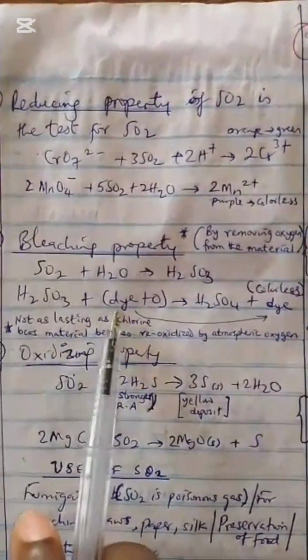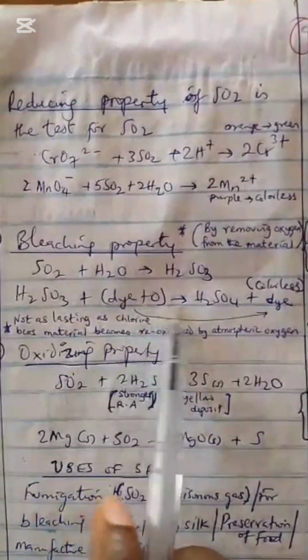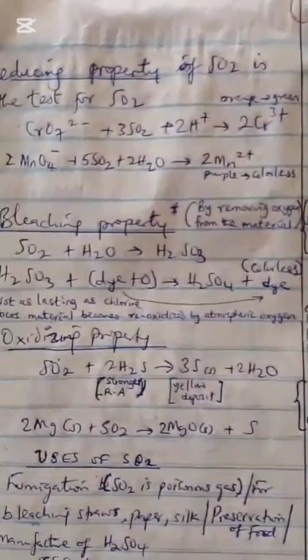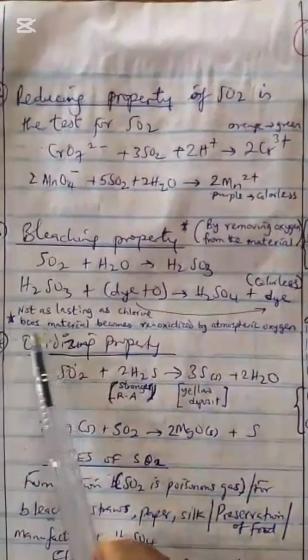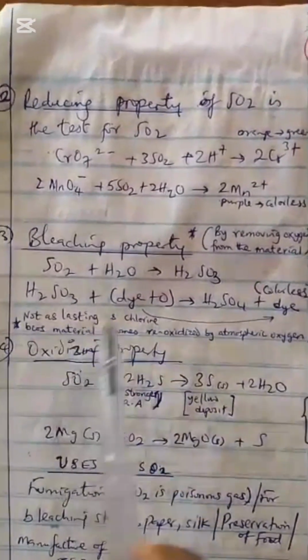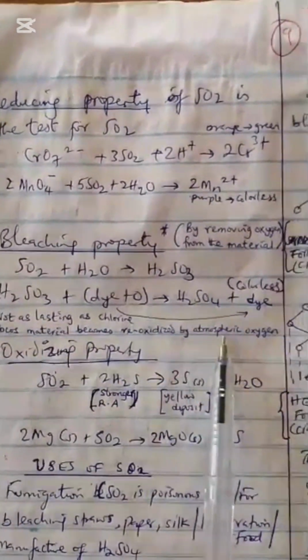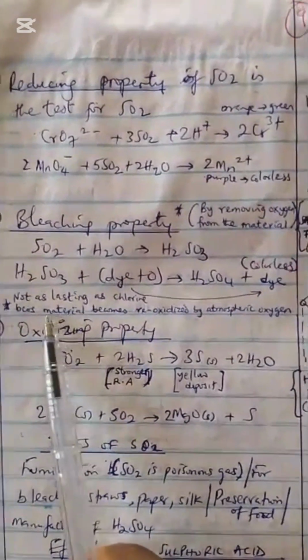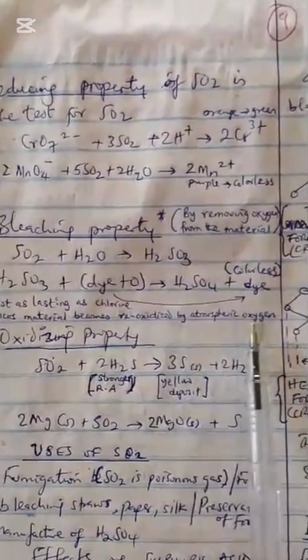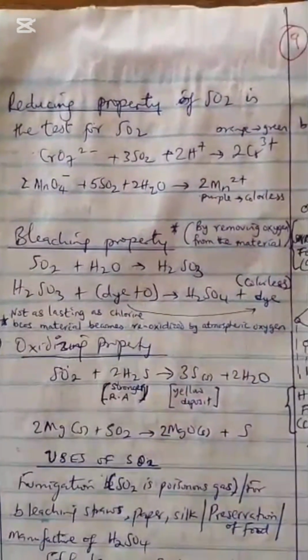So it bleaches by removing oxygen. To bleach is to make a substance colorless, but it's not as lasting as chlorine. Chlorine bleaches by adding oxygen, but this bleaches by removing oxygen, and the material becomes reoxidized by atmospheric oxygen. So this is not permanent bleaching like chlorine.